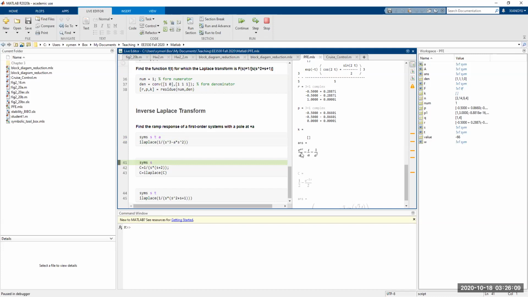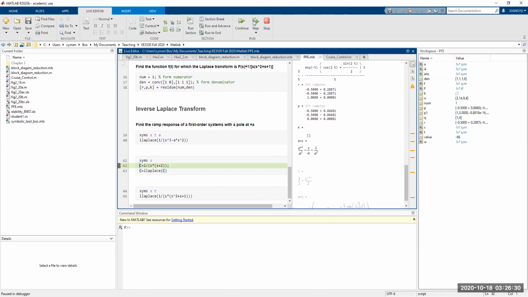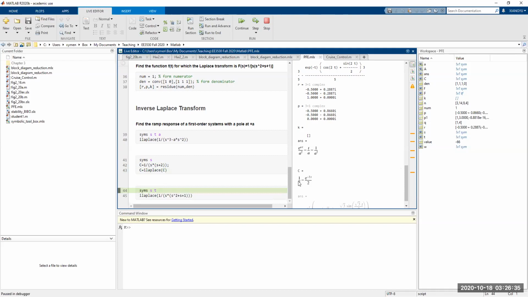Here we obtain the time function: exponential a t over a squared, minus t over a, minus 1 over a squared. Another example, apply inverse Laplace transform to 1 over s times (s plus 2). The time function is 1 over 2 minus exponential minus 2t over 2.